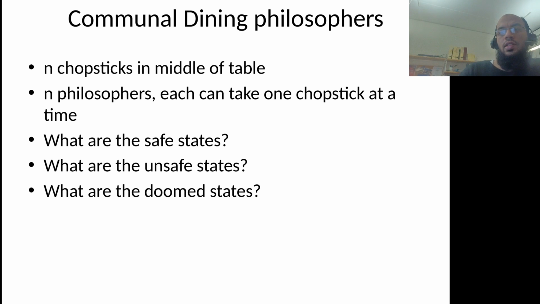That means if you have n chopsticks in the middle of the table, and each one picks one but also checks how many are remaining on the table, and if it's just one, then he leaves it, that will also break your deadlock. And you can reflect on this as different ways to actually implement deadlock-free locking mechanisms in your system.